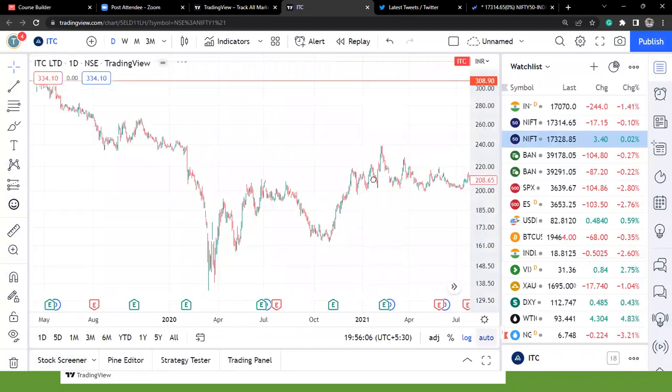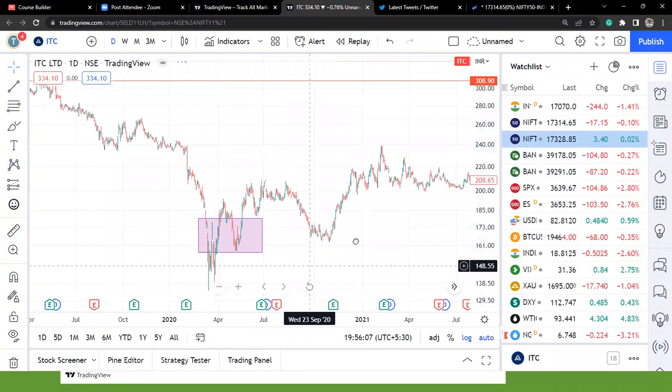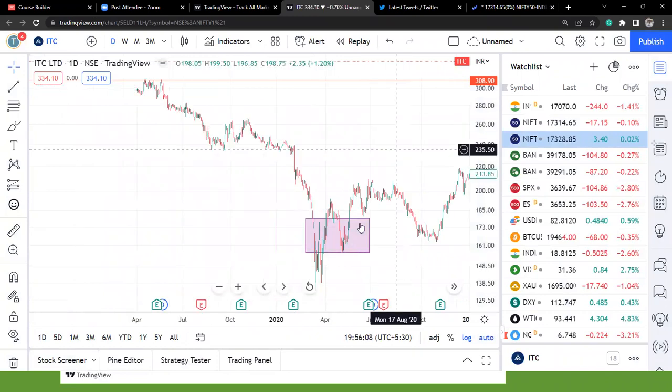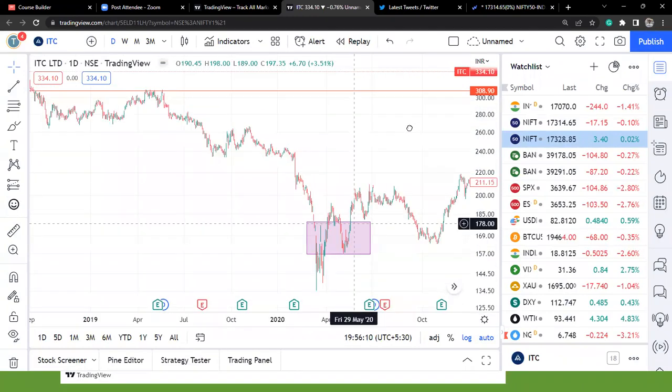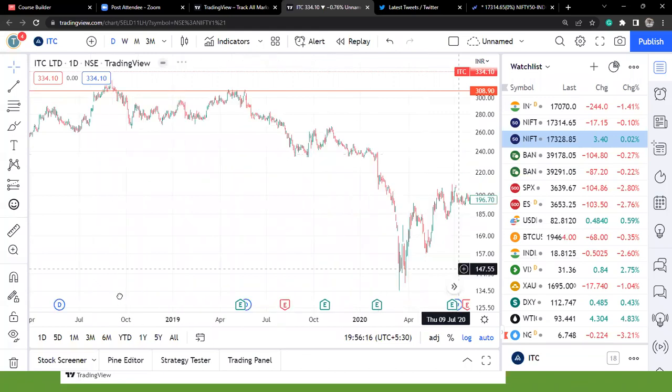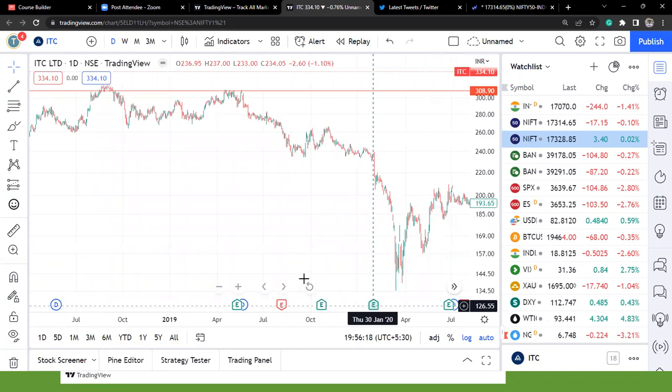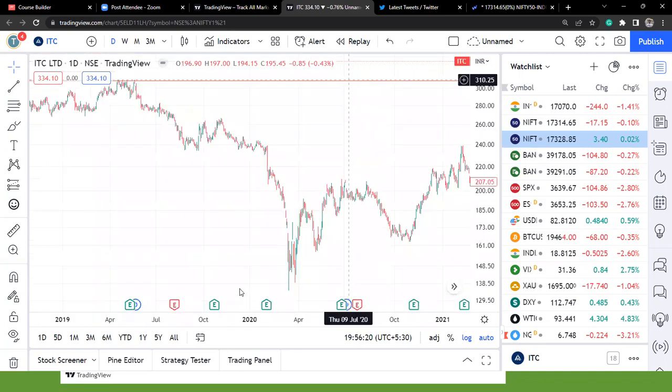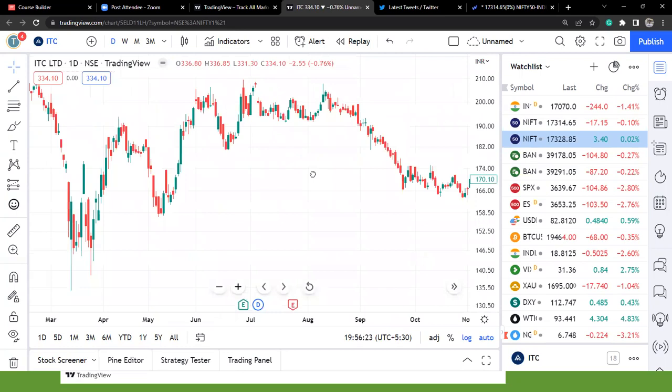we had a similar thing which happened. There was a small excess, a very strong excess. Maybe I'll zoom the chart a little bit. In March 2020, we had an excess.